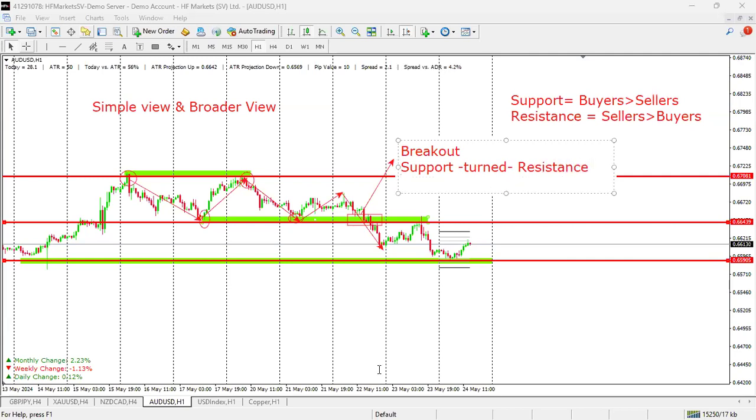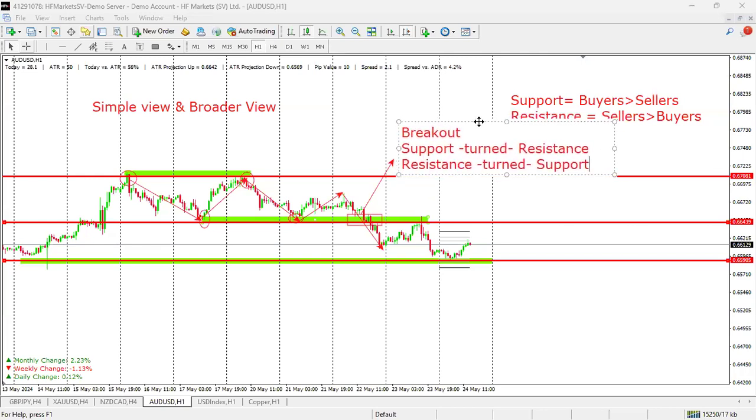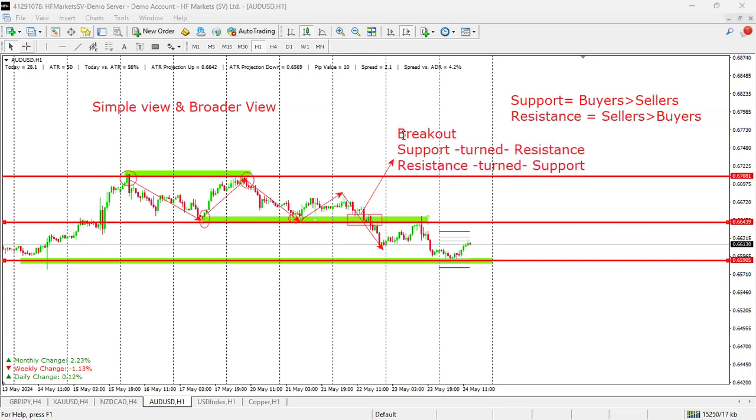It is either a support turned resistance is formed, or a resistance turned support is formed, which means if price breaks a support, what follows is usually after that breakout, that support level is expected to act as the next level of resistance.